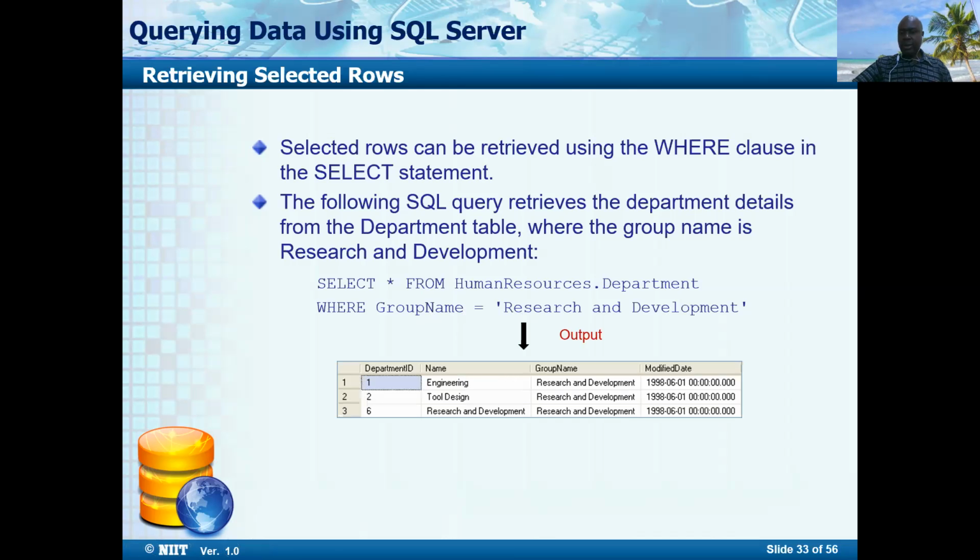So when we do that, we end up with results like that, where the group name is going to be research and development. All the other rows which are part of that table are not going to be included in the result set.